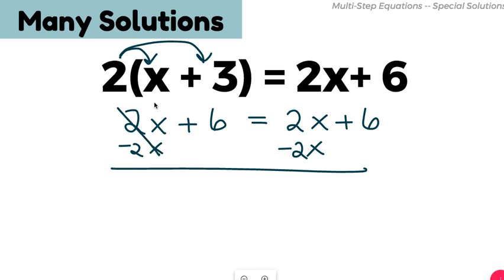Doing my math, that cancels. I get 6 equals. This cancels. So I get 6 equals 6. My variable completely disappeared, and I had my left side equal my right side. Very interesting.